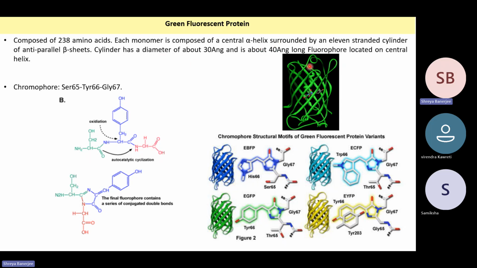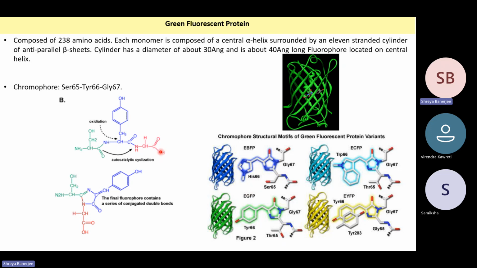And you can remember that there can be certain mutations, like instead of the serine, if you have threonine, then the fluorescence is enhanced even more. And this is called enhanced green fluorescent protein, or EGFP. So this is the green fluorescent protein, that is GFP. And if the serine is mutated to a threonine, then the fluorescent intensity is even higher.